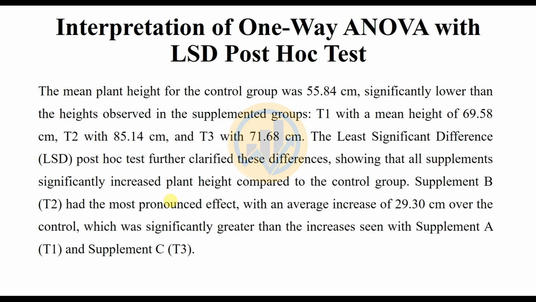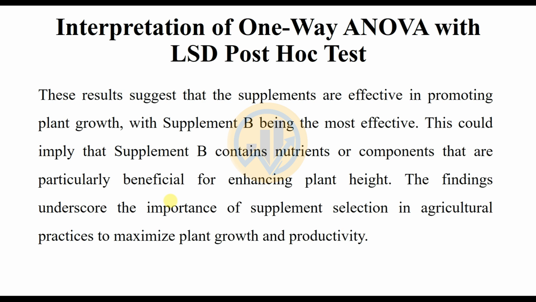Supplement B had the most pronounced effect, with an average increase of 29.30 over the control, which was significantly greater than the increase seen with supplement A and supplement C. These results suggest that the supplements are effective in promoting plant height, with supplement B being the most effective.